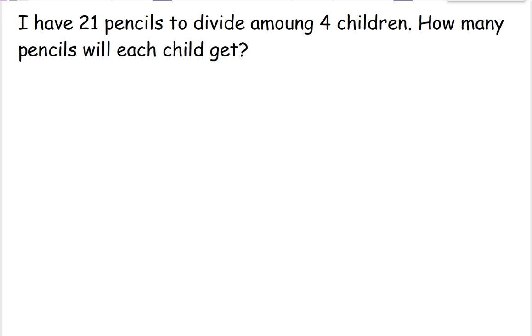Now let's say I have 21 pencils now to divide among the 4 children. How many pencils will each child get? Well, my number sentence would look like 21 divided by 4 equals something. Now I don't want to break a pencil.